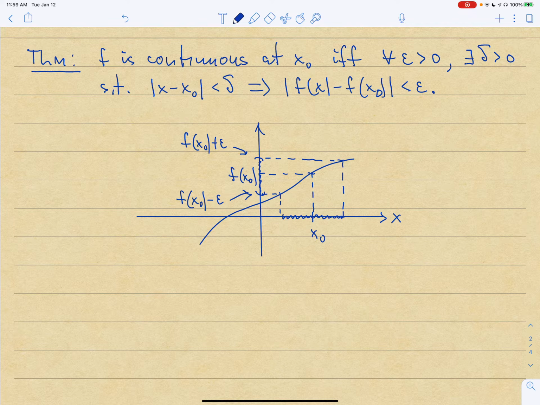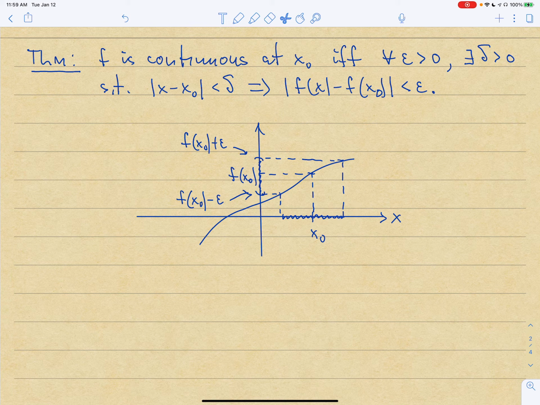Well, but then if I examine this picture, I see that the interval on the left is probably slightly longer than the interval on the right.